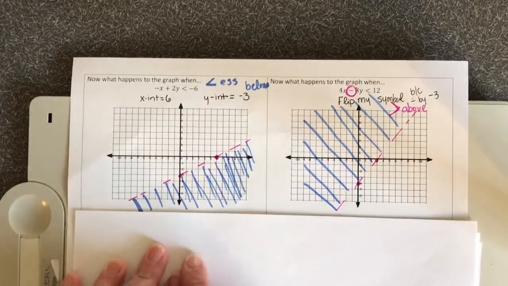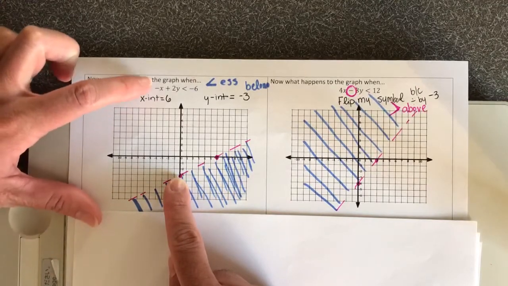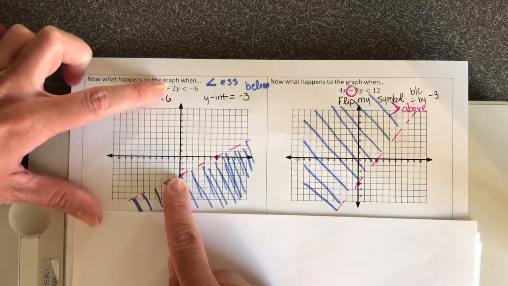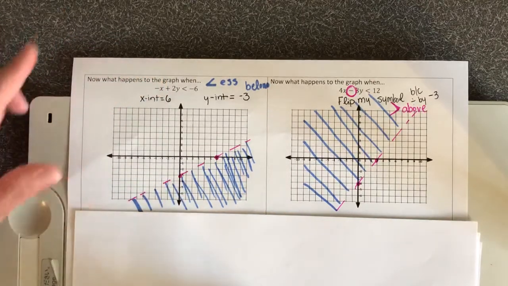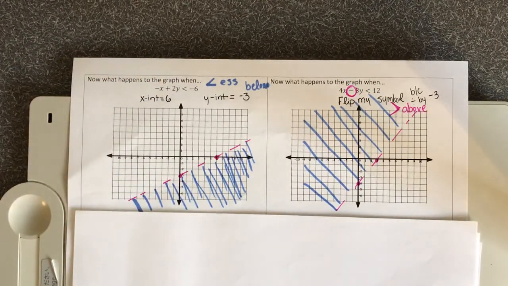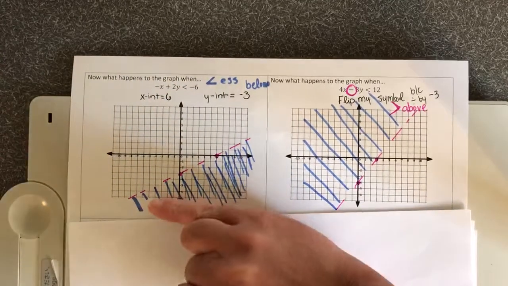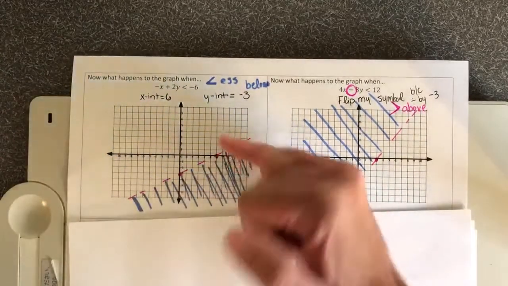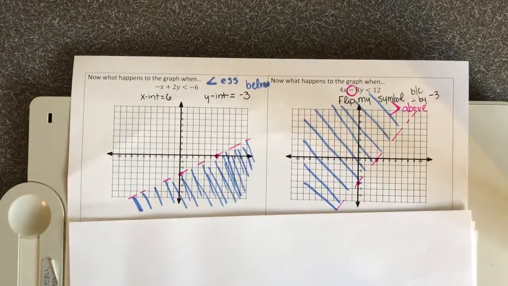If I pick a point on that line, like (0, -3), and I plug that in, 0 plus 2 times -3 is -6. -6 is not less than -6. It's equal to it. So any of the points on the line is not part of the solution anymore. That less than tells me I want to shade below. So the line is not the solution, but all of the points below that line is part of the solution.